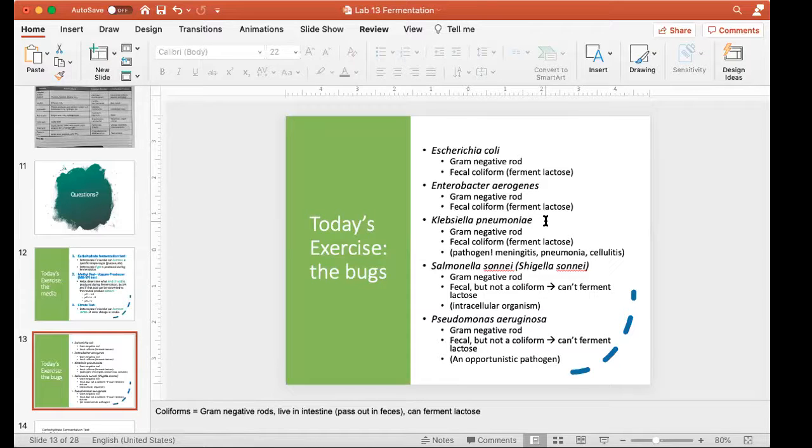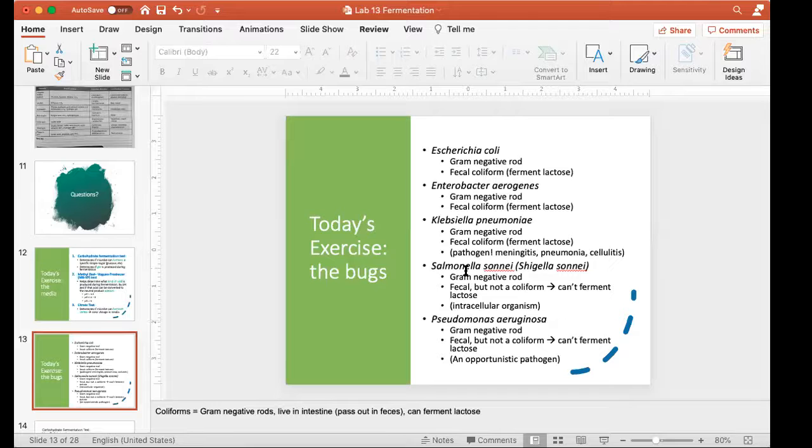Very interesting pathogen. We're going to look at 2 other gram-negative rods that are fecal organisms, intestinal organisms, but they're not coliforms. One of them is called Salmonella sonnei, and one is our old friend Pseudomonas aeruginosa.